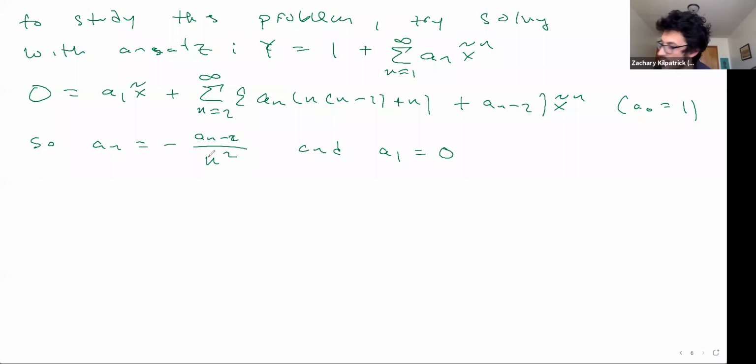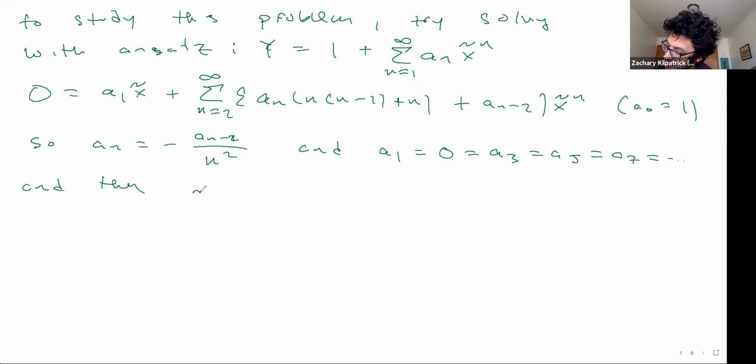Well, according to this, that implies that a3 equals 0, a5 equals 0, a7 equals 0, and so on. So we only need the even coefficients.